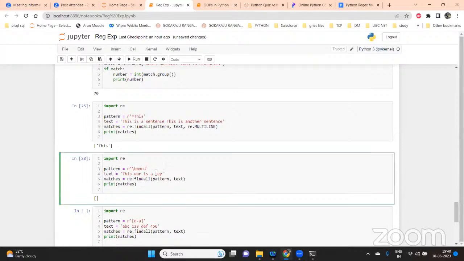What if I remove this \b? Does it give me the output?